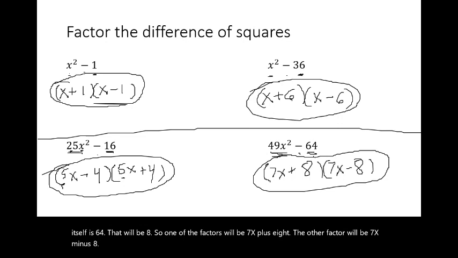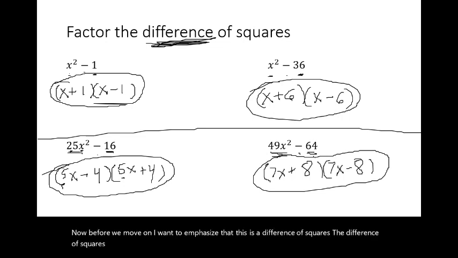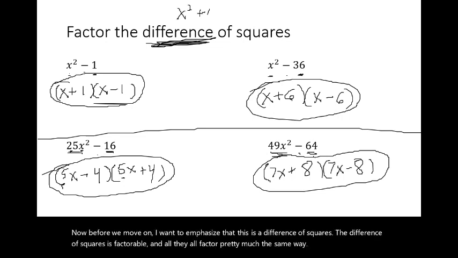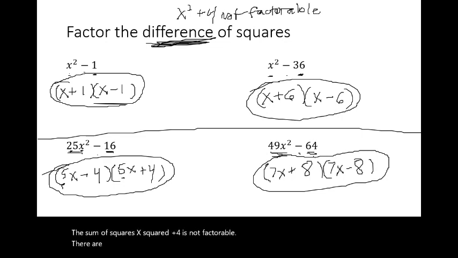Now, before we move on, I want to emphasize that this is a difference of squares. The difference of squares is factorable, and they all factor pretty much the same way. The sum of squares, like x squared plus 4, is not factorable because there are no numbers that multiply to a positive 4 that add up to 0. We looked at the sum of squares at the end of the last video.